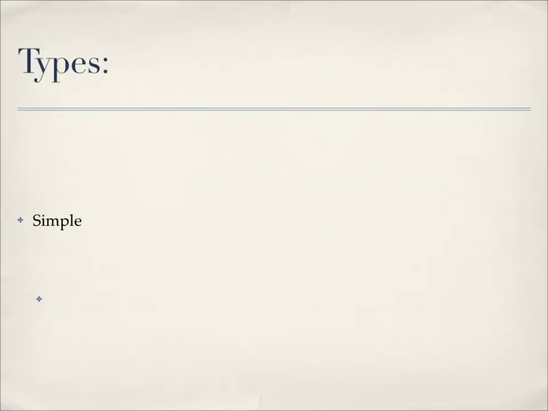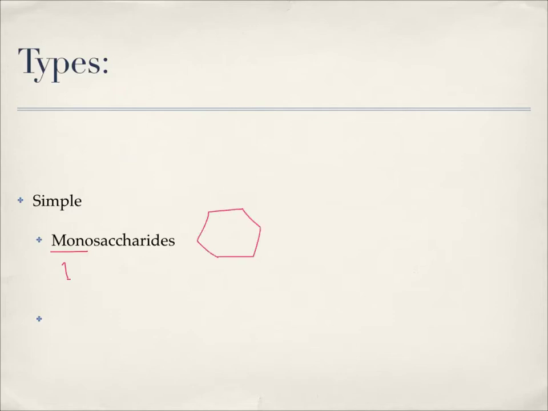So if we look at the different types, there's going to be both simple and complex. On this slide, I'm going to stick with simple. The biggest thing to remember about carbs is they are either mono or poly. With simple, the first topic will be monosaccharides. The word mono means 1, so monosaccharides, or 1 sugars, are going to have 1 carbon ring.